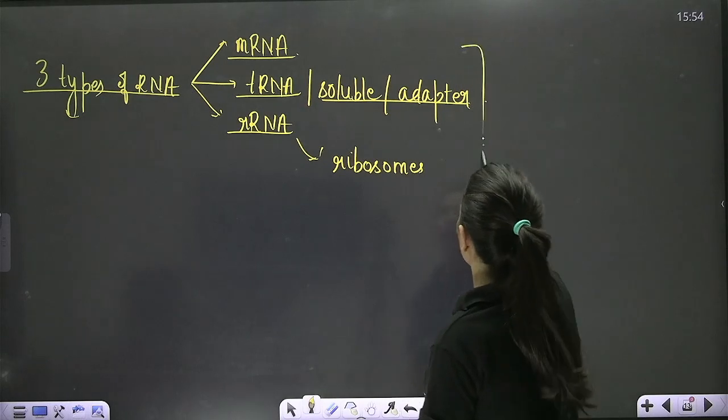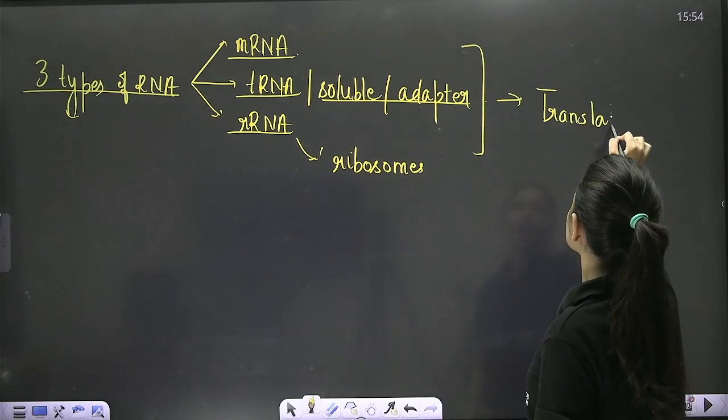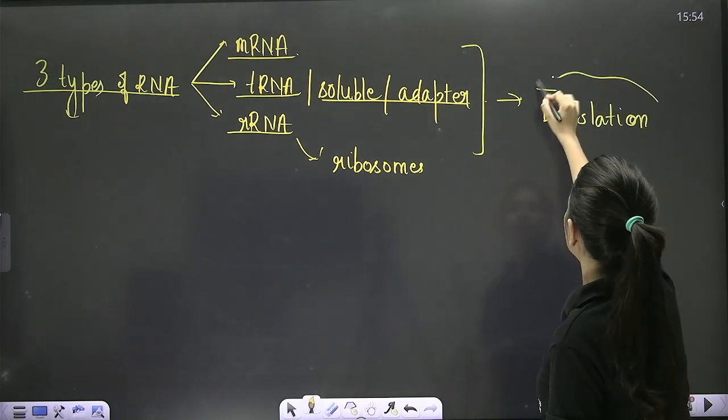In short, all 3 RNAs are involved in the next step of central dogma, which is translation.